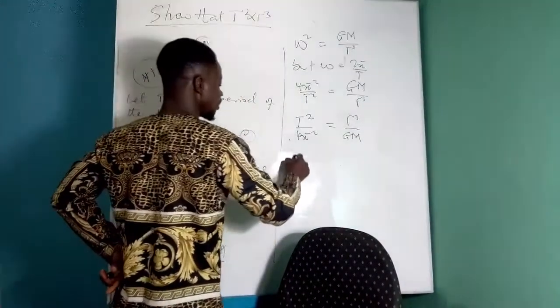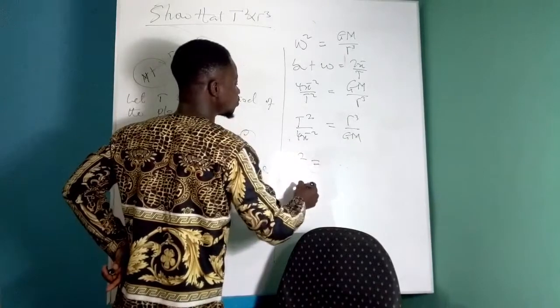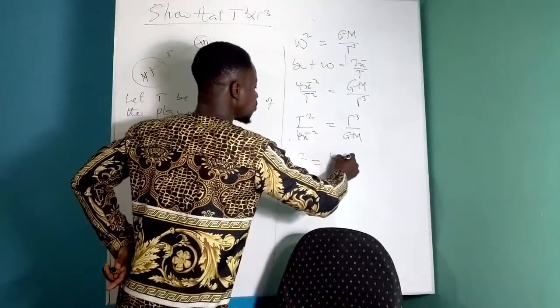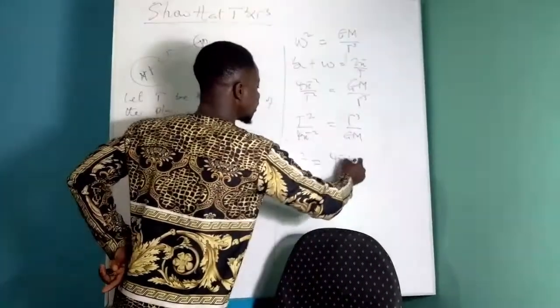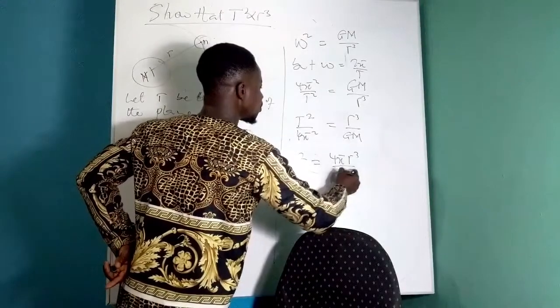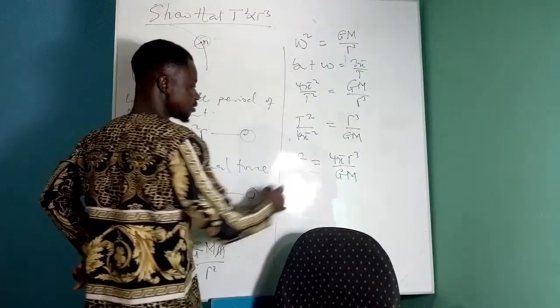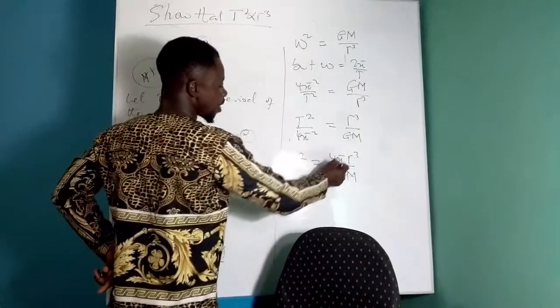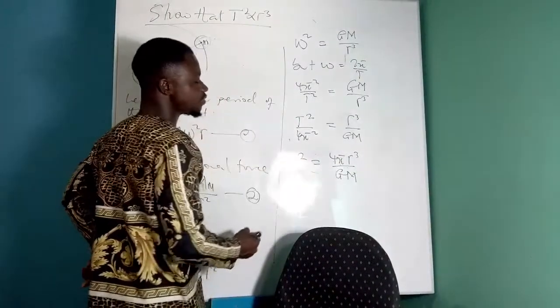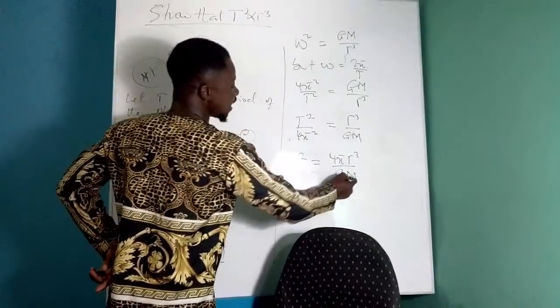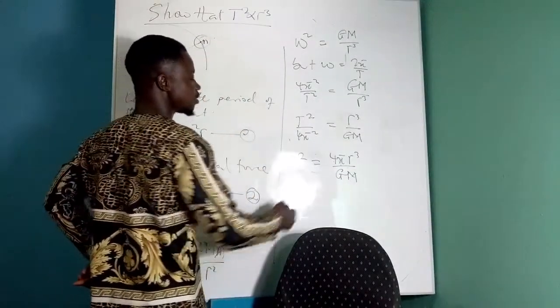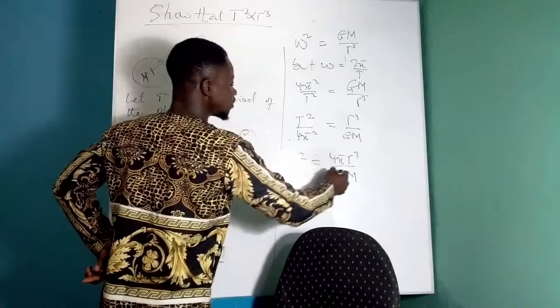And I'll make T squared the subject. T squared is equal to 4 pi squared r cubed all over GM. Look at this. 4 is a constant, pi is a constant, G, the universal gravitational constant, and M, the mass of the earth, is constant. So you realize that the whole of this is a constant.